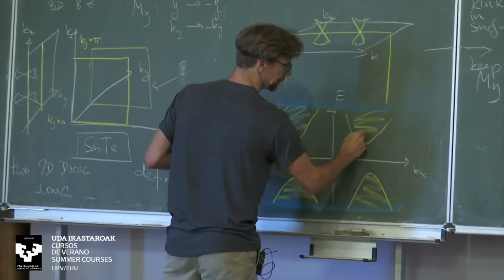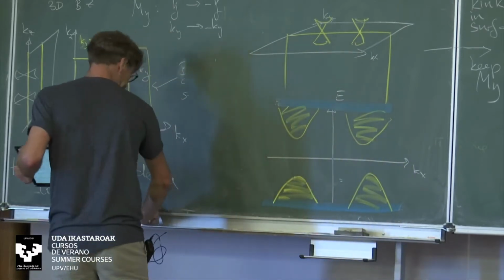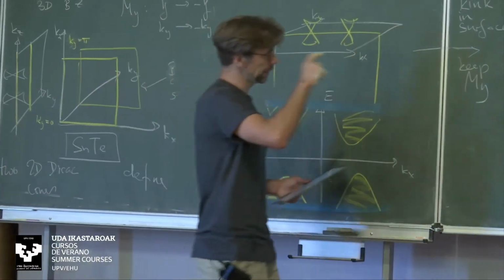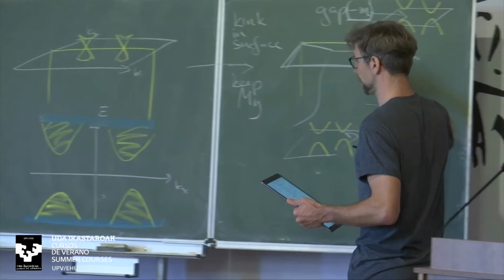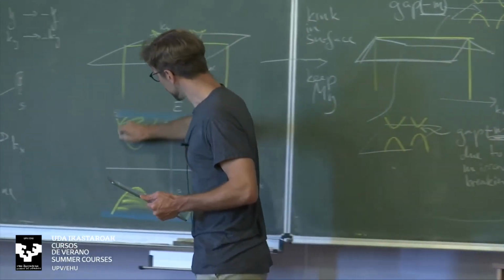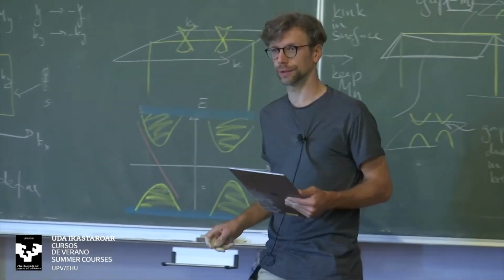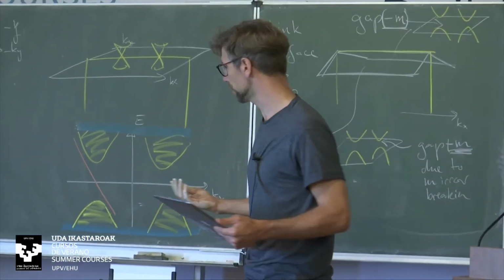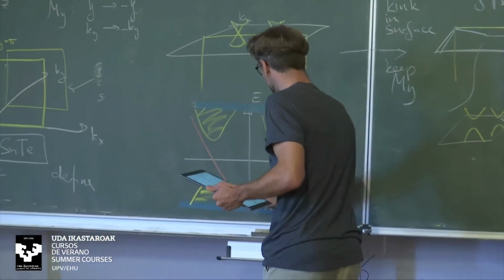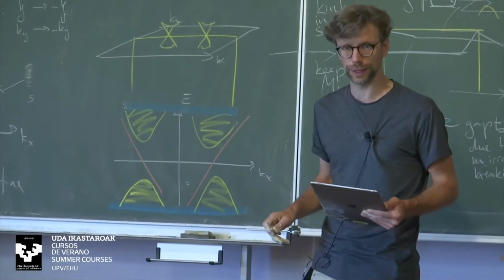And now, since we have a change in the surface mass across this hinge, there would be a chiral mode attached to the hinge for one cone, but now you have two cones, so there is another chiral mode going the other way as well.